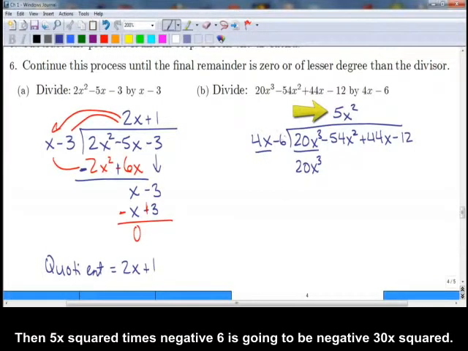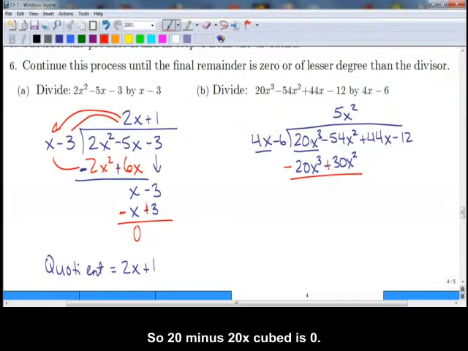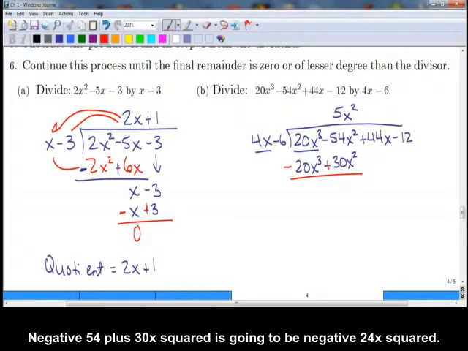Then 5x squared times negative 6 is going to be negative 30x squared. Again, we're going to go through and change the signs because we're subtracting. So 20 minus 20x cubed is 0. Negative 54 plus 30x squared is going to be negative 24x squared.